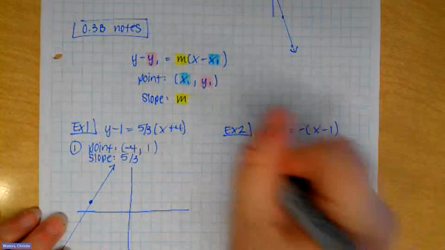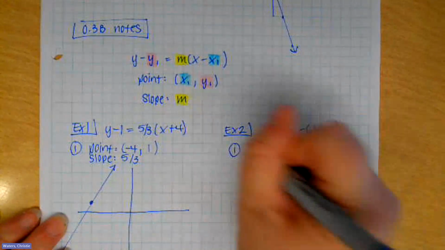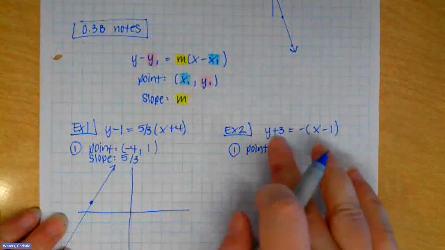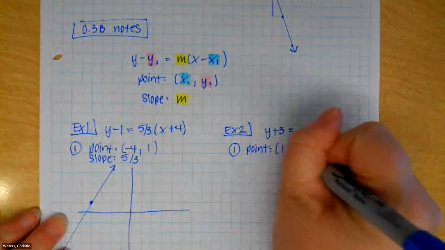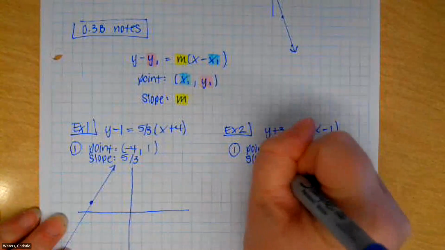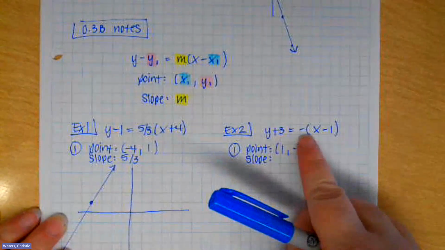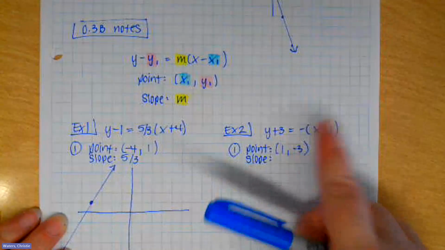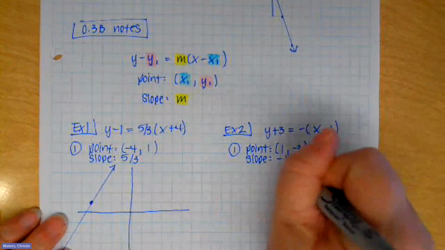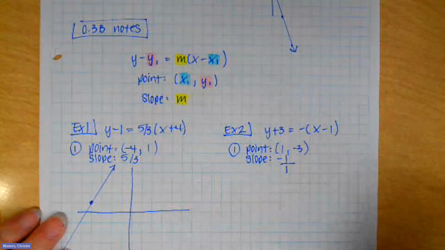So again, we're going to start with plotting our point. So the point is +1, -3. And the slope is this negative sign right here. So if there's no number there, I can put -1. And if I want to make it a fraction, I can make it -1 over 1.